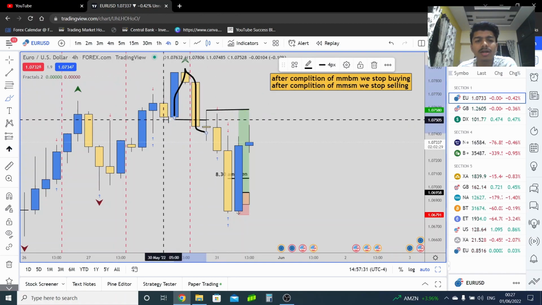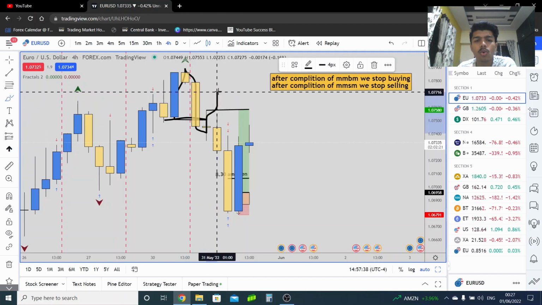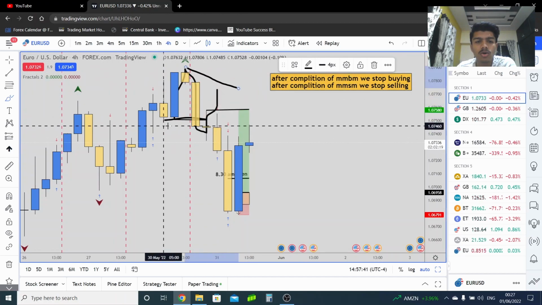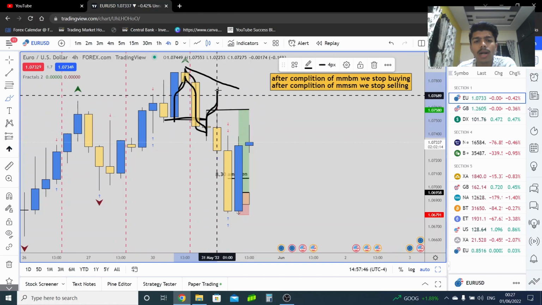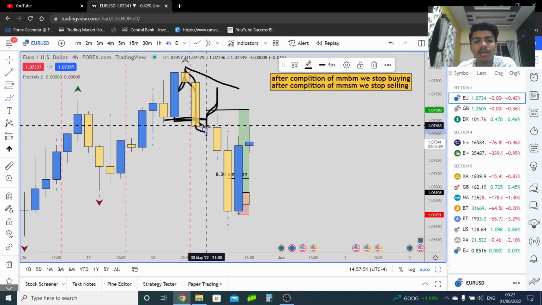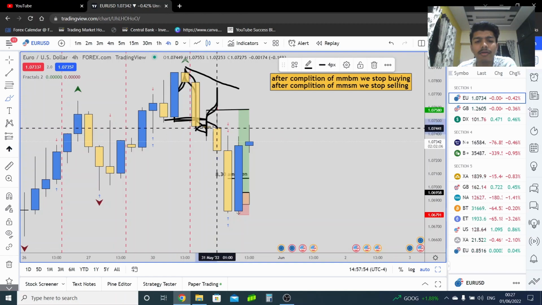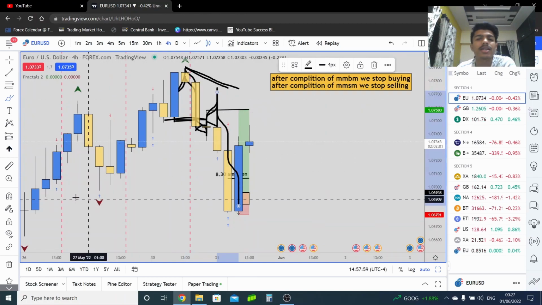Now after completion of the market maker sell model, what are you expecting? If the market wants to go down, what does it have to create? It has to create a lower high, right? Low, high, lower low, lower high. So after completion of the market maker sell model, you are going to come into the market with an expectation of a buy entry, so that the market creates a lower high, then look for sells.